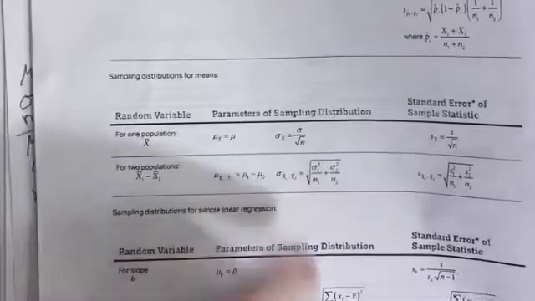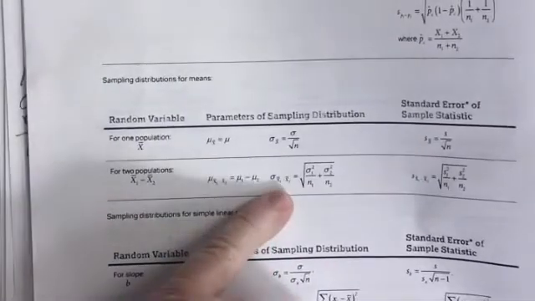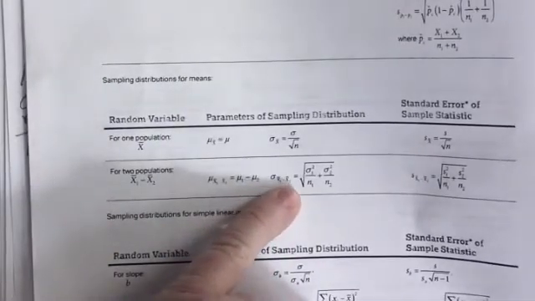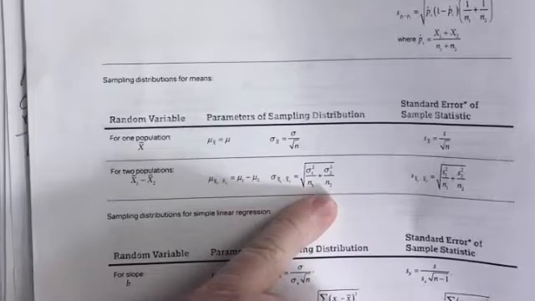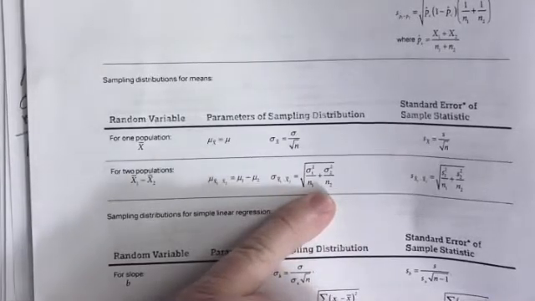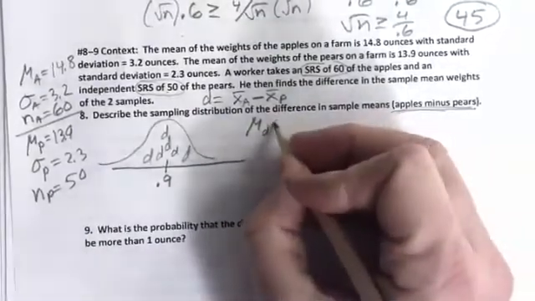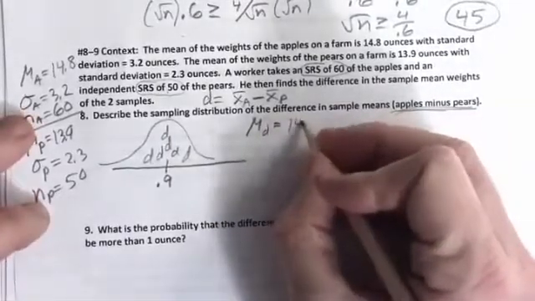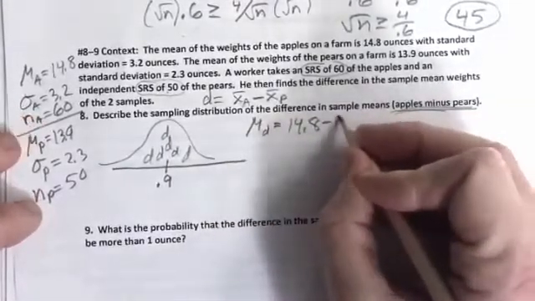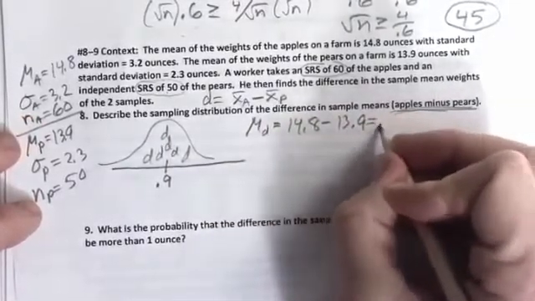And the standard deviation of the differences, X bar sub 1 minus X bar sub 2, is equal to that formula there, so you just plug in the values. The mean of the differences is just going to be 14.8 minus 13.9, which is 0.9.